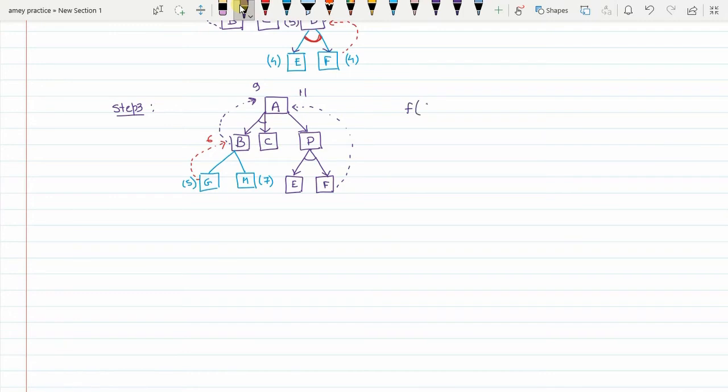I'll just write it here. F of node G is nothing but the heuristic value of node G, that is 5, plus the unit cost that is incurred, 5 plus 1, right? F of G will be 5 plus the unit cost incurred to move from B to G. So 5 plus 1 is 6, right?